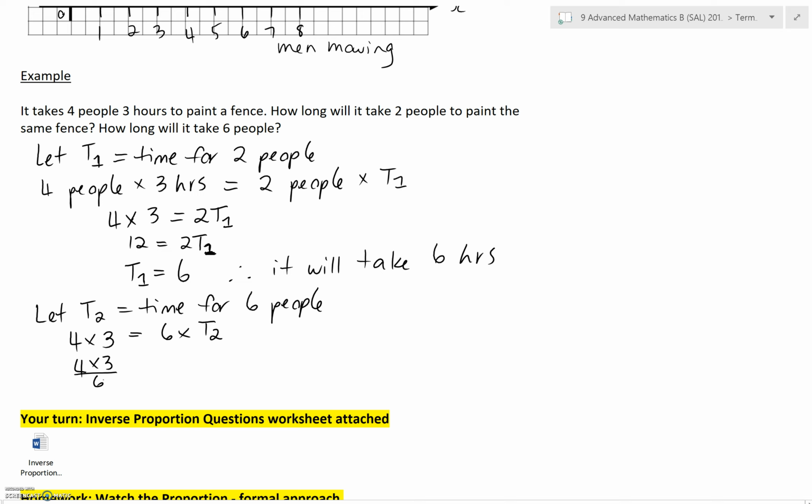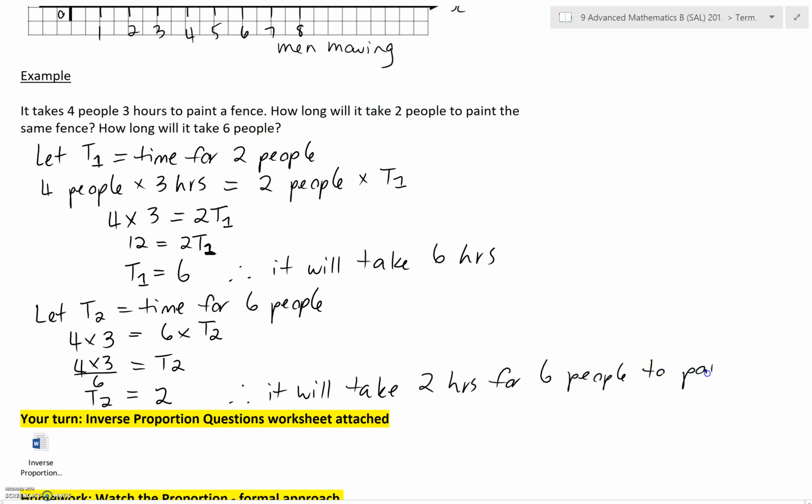So we need to divide both sides by 6. That will tell us what T2 is. So that's going to be 12 divided by 6, which is 2. So therefore it will take 2 hours for 6 people to paint the fence.